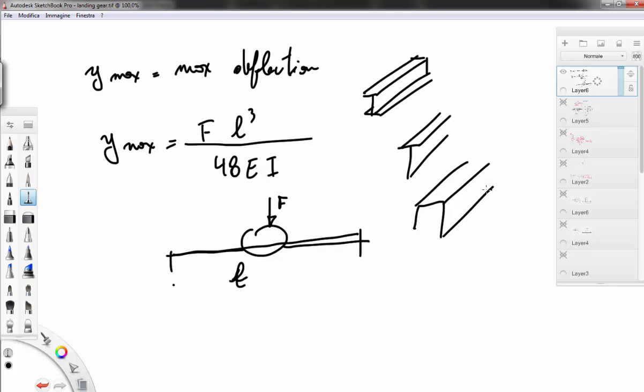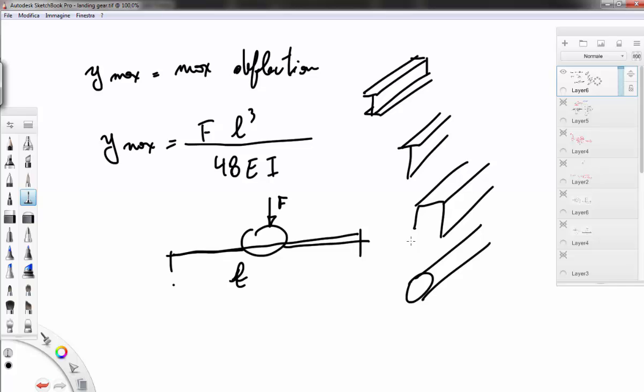Also we have this one, cylindrical. Every shape has a second moment of inertia. So this is all, and I hope that this can be useful for you.